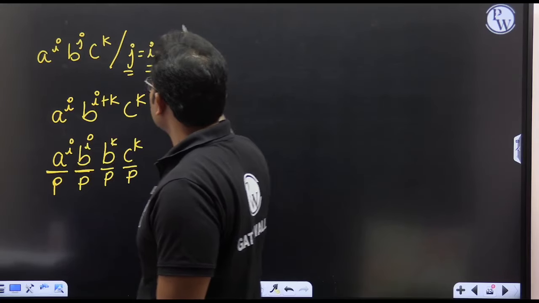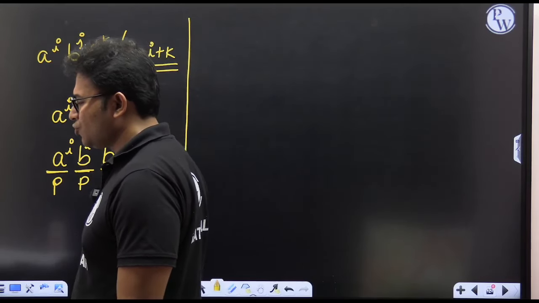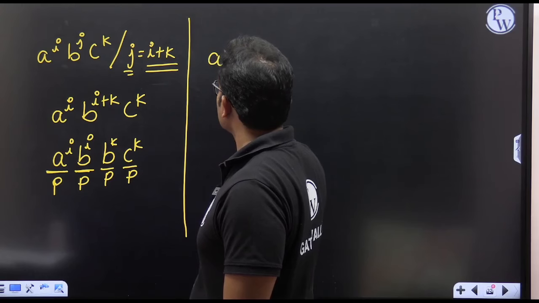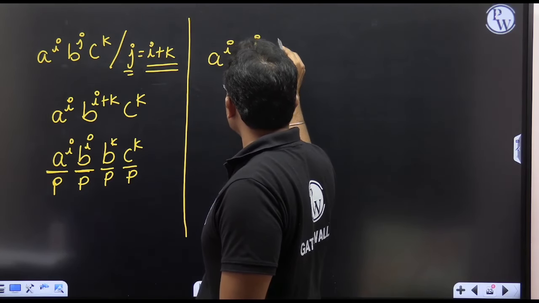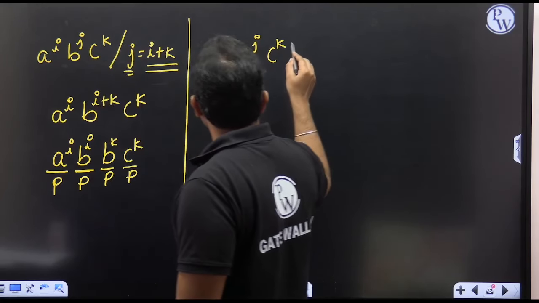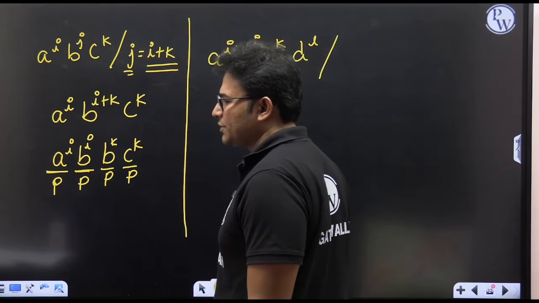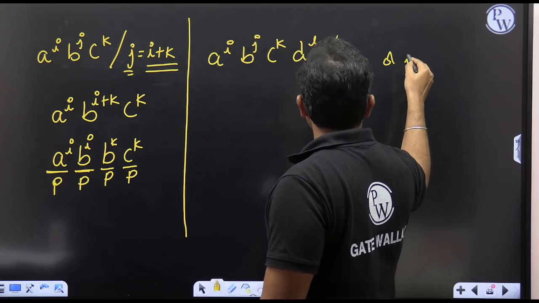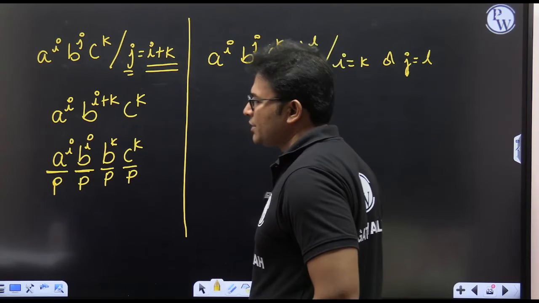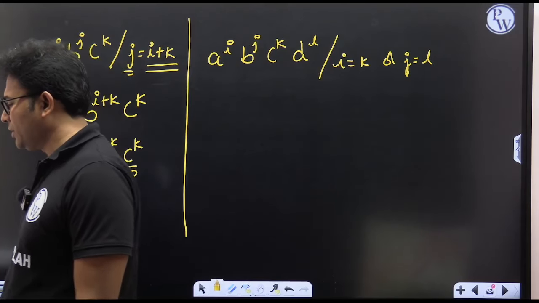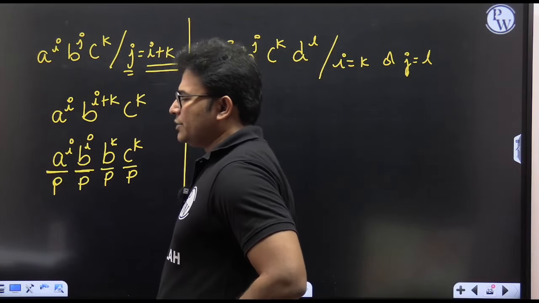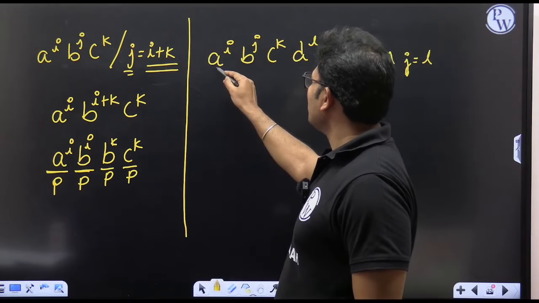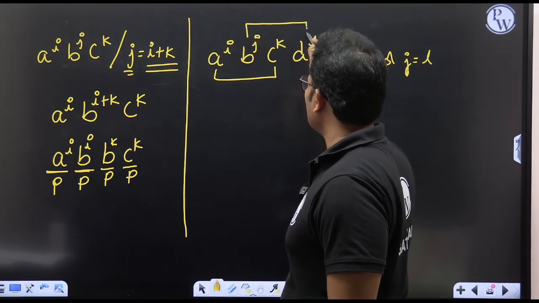Okay. Now let's do one more question. a^i b^j c^k d^l such that i = k or j = l, which means these two have to be equal, or these two have to be equal.